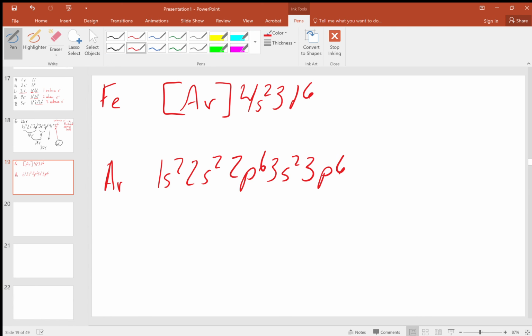So argon 4s2, 3d6. Again, this saves us from having these drawings of configurations that are extremely long and also only points out what's most important.